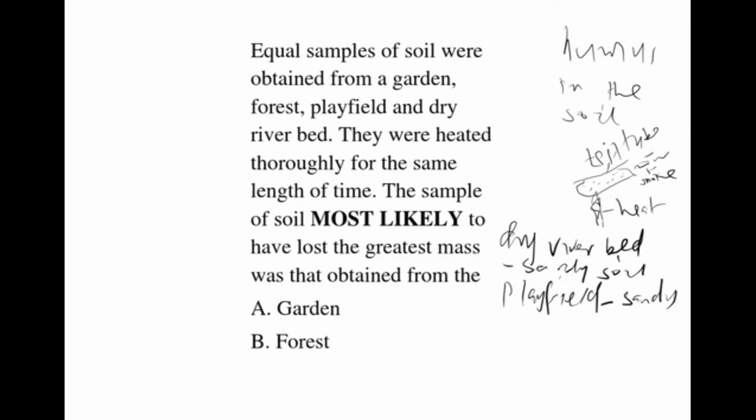But when it comes to garden soil and the forest, we start with the forest. In the forest there are leaves that dry up. When these leaves dry, they decompose and then form humus. So the soil from the forest was likely the one that lost a lot of mass, since it has a lot of humus that comes from the decayed leaves.